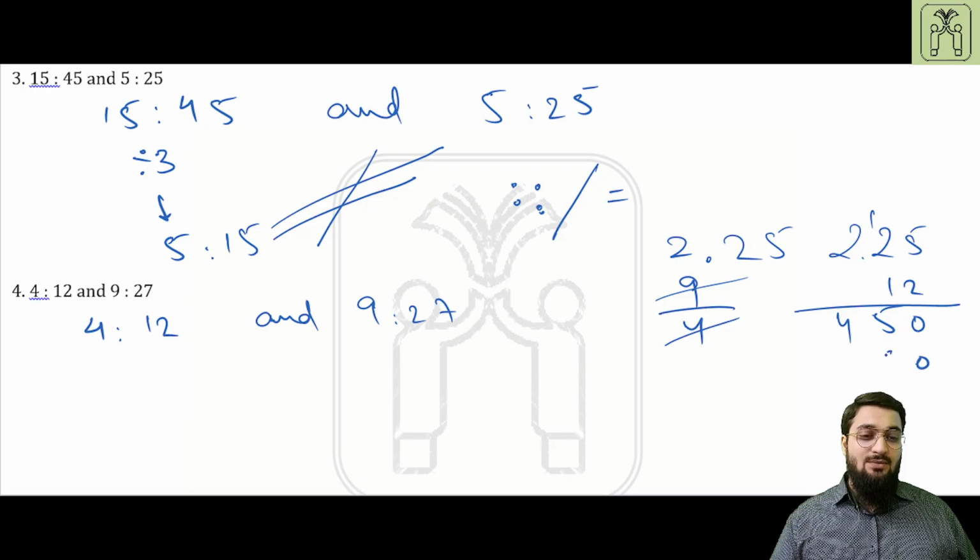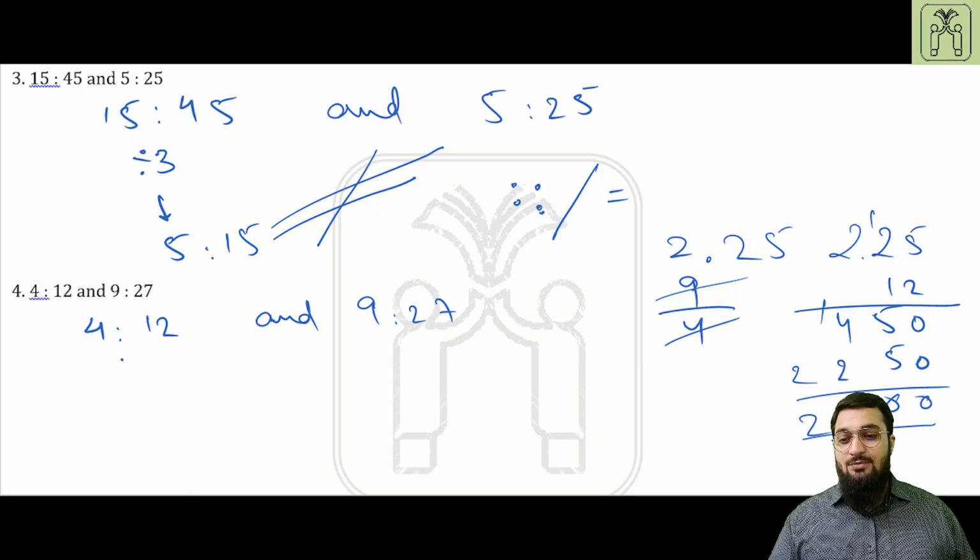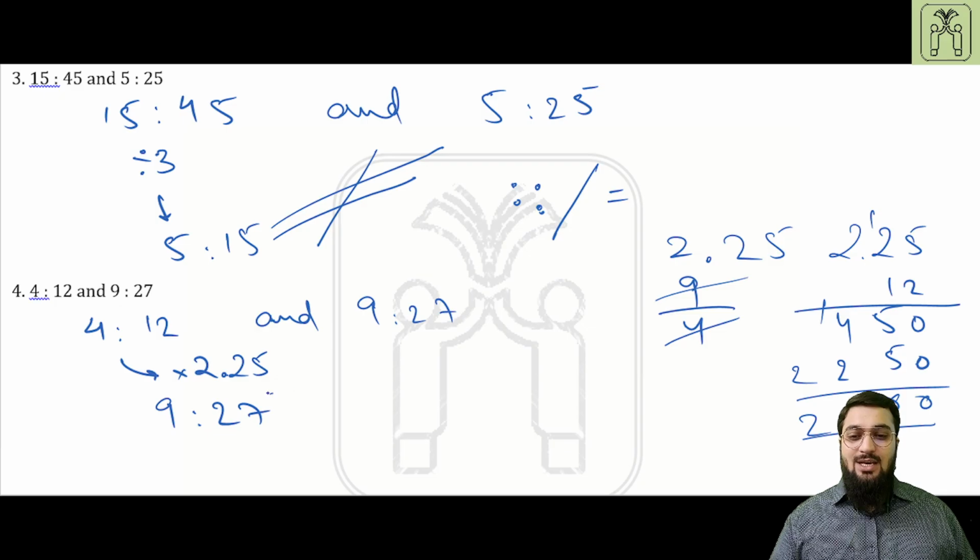The answer will be 27. Therefore, if we multiply this by 2.25, we get the answer as 9 is to 27. And since they are equal to each other, therefore 4 is to 12 is equal to 9 is to 27.